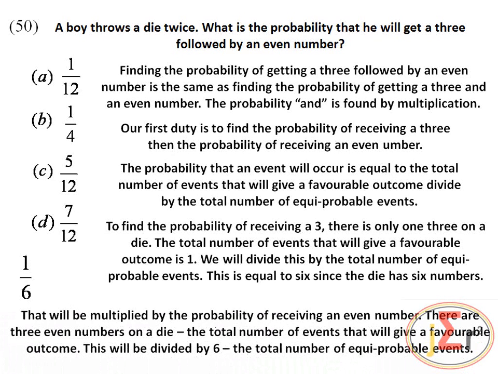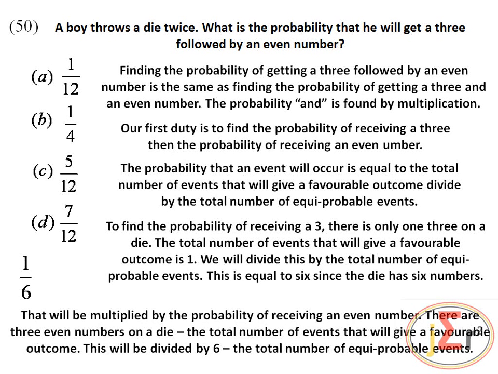That will be multiplied by the probability of receiving an even number. There are 3 even numbers on a die, which is the total number of events that will give a favorable outcome.